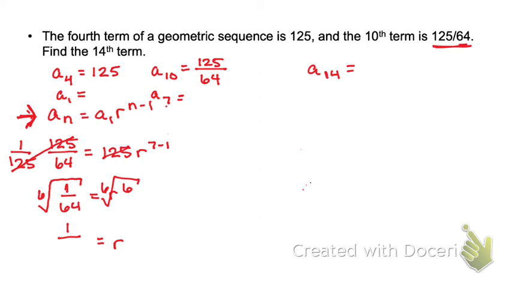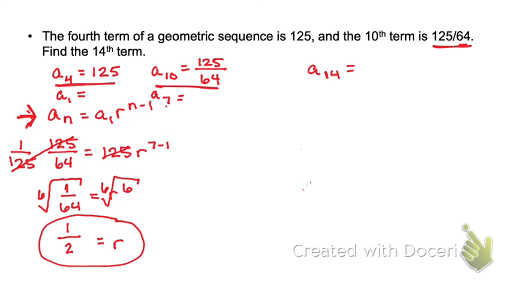It's 2. Because 3 cubed is 8, yes? And 8 times 8 is 64. So I have 2, just 2. So our r is what? 1/2.